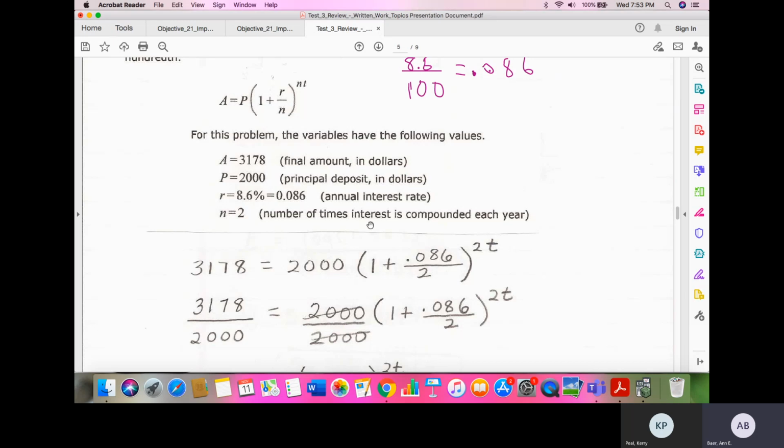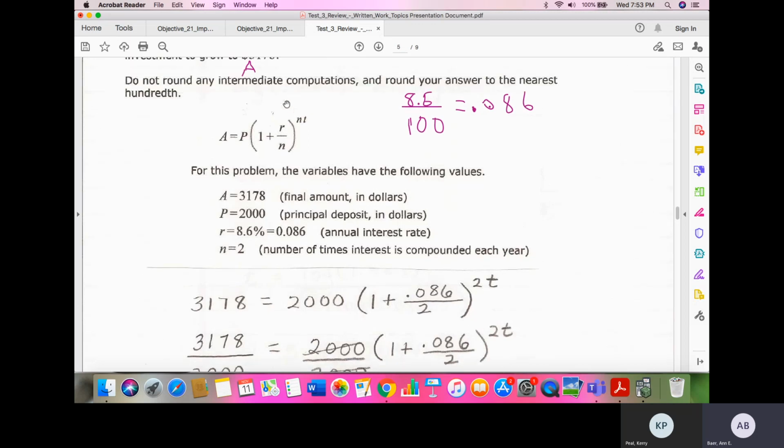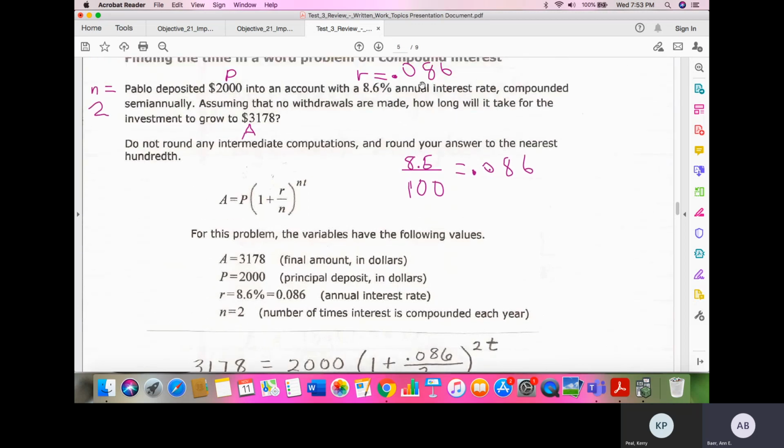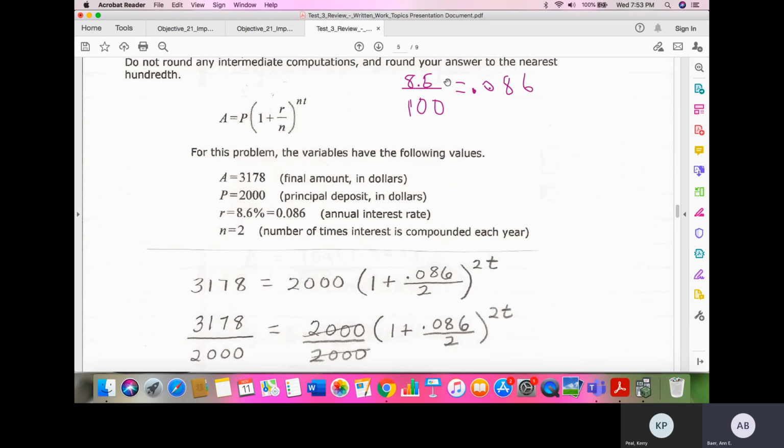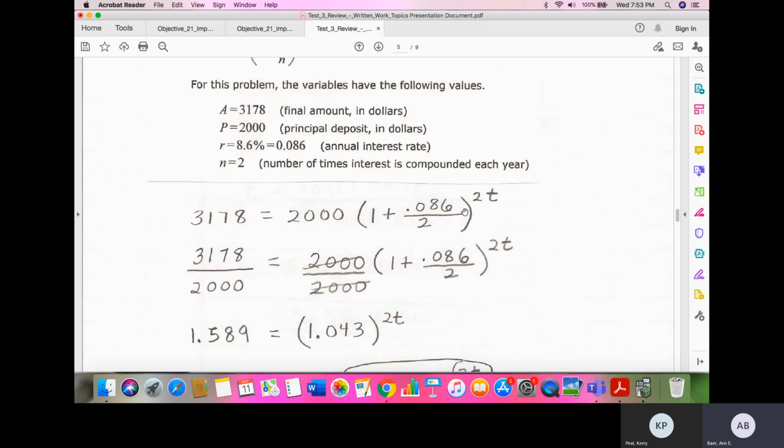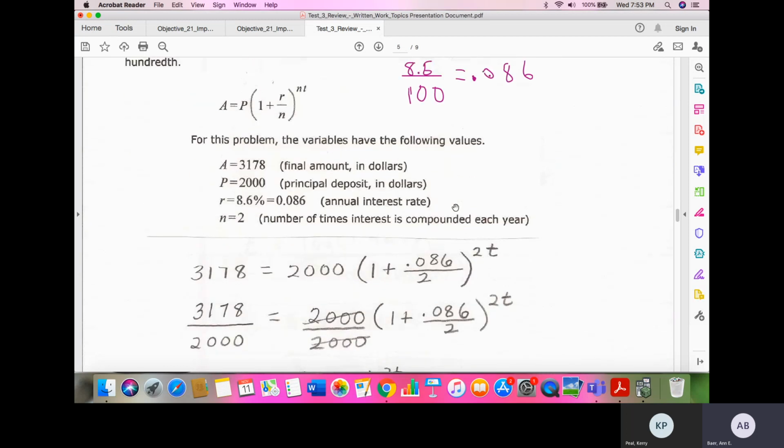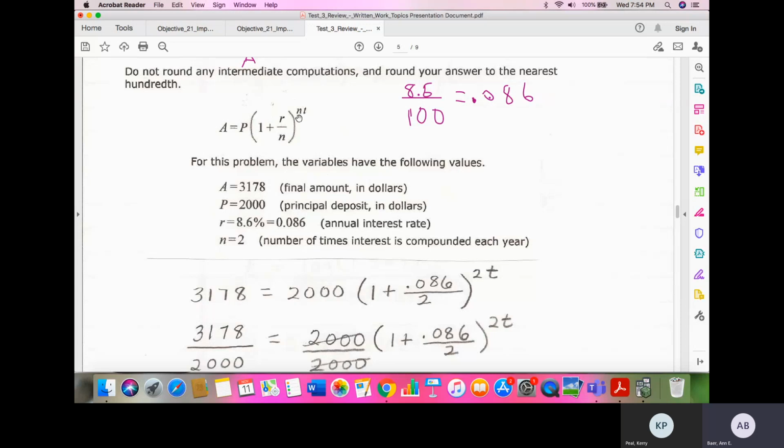Times, parenthesis, 1 plus R. R is 0.086, 0.086 divided by N. There's an N here and here. In both places, we want to put 2 in its place. So we want this denominator to be 2.